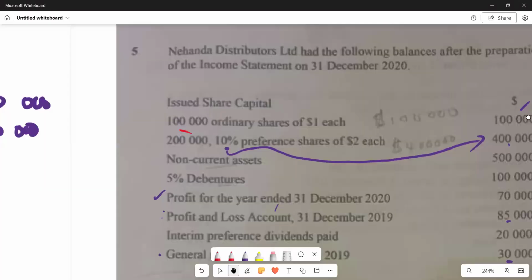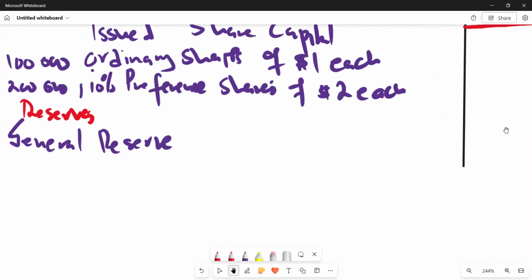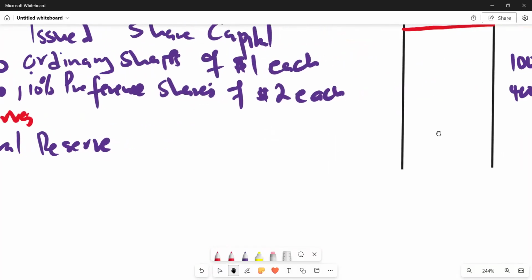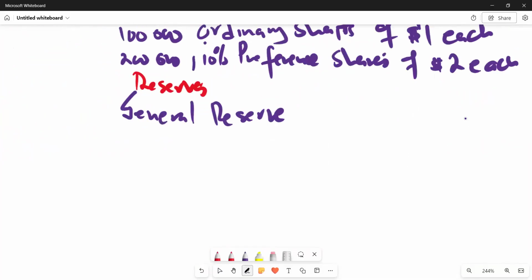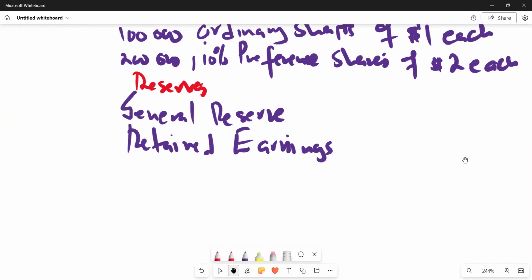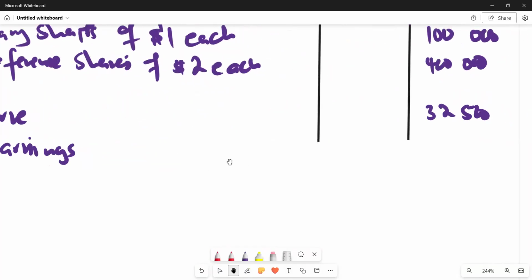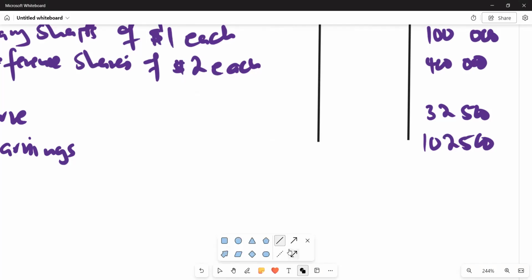So we come here, general reserves, 32,500, and also we have our retained earnings, 102,500. And then obviously we can now add to get the total for our equity.